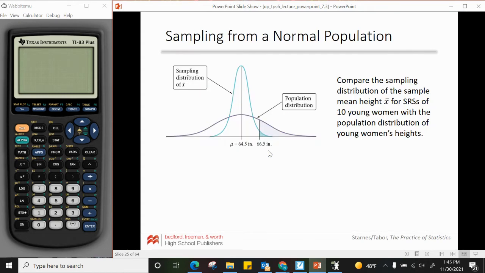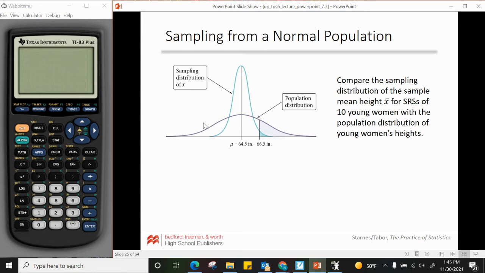So when I look at the normal distributions, this purple one is the population distribution. Yes, it's normal, but it has a standard deviation of 2.5, so it's a lot more spread out and a lot flatter than the sampling distribution of X bar, which had a standard deviation of 0.79. It pulled it in a lot more.